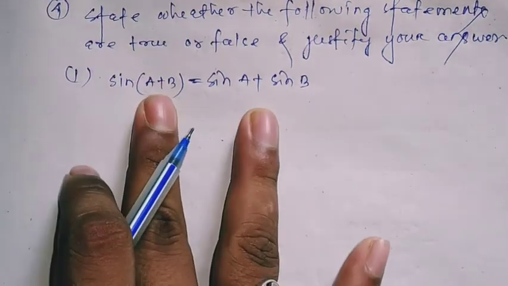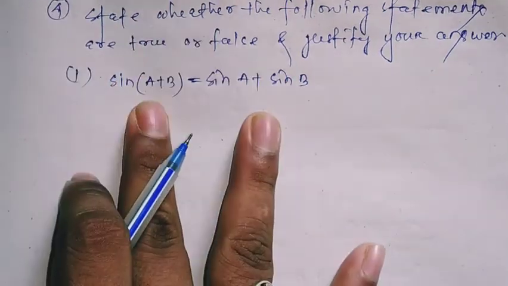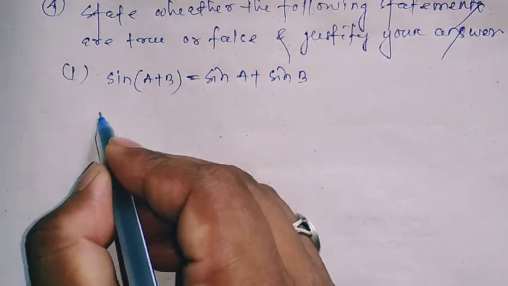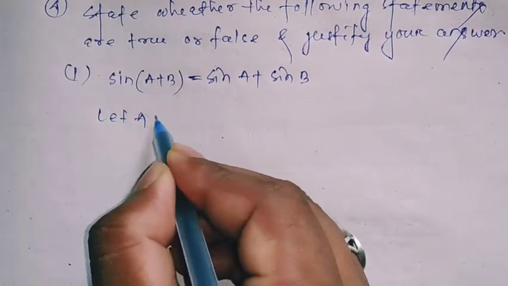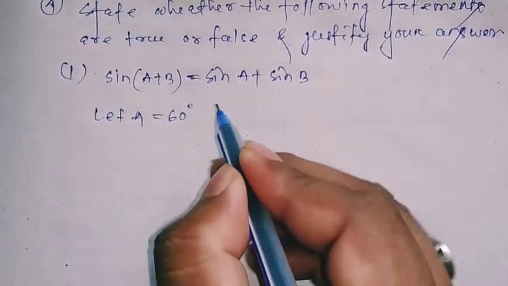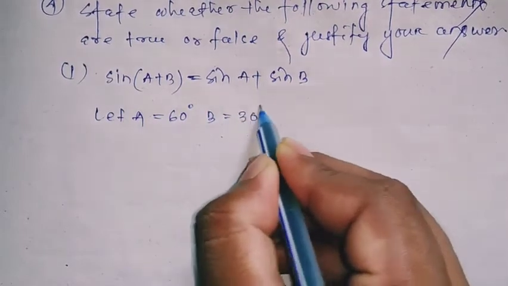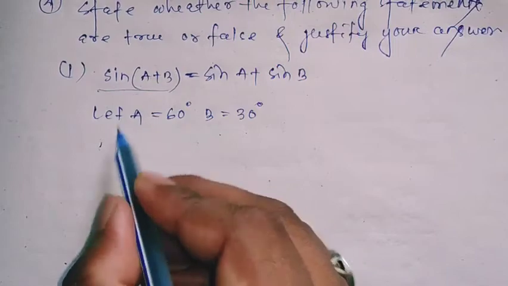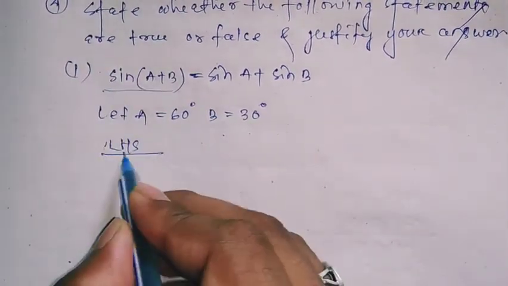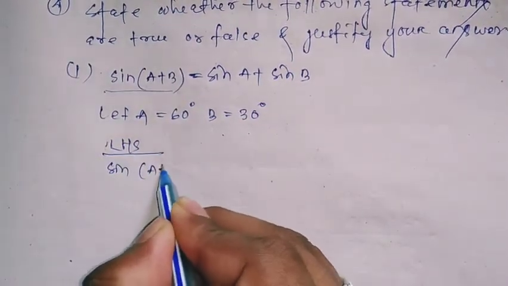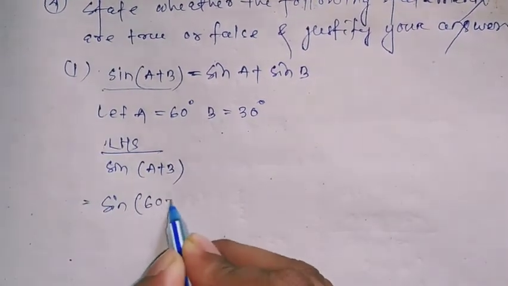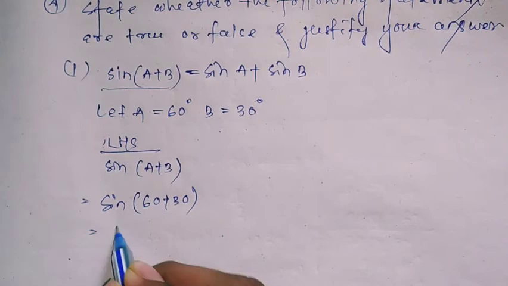To prove this, we have to assume the values of A and B. Let us consider A is equal to 60 degree and B is equal to 30 degree. Here LHS will be sin(A plus B). Putting the values, sin(60 plus 30), which is equal to sin 90.